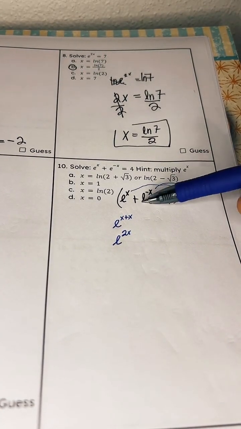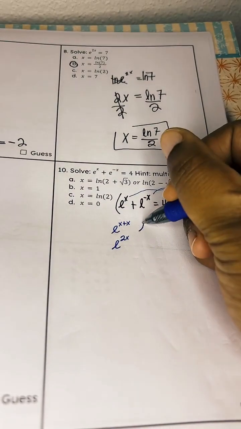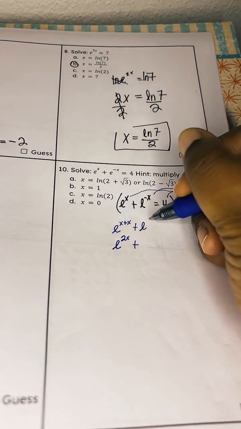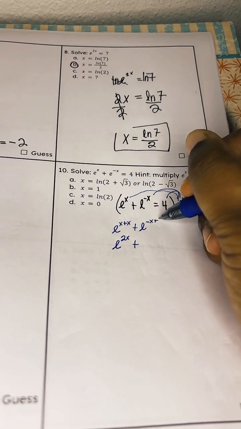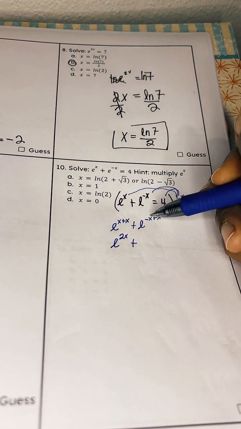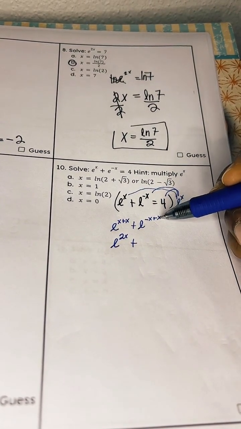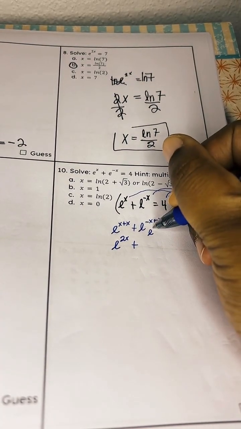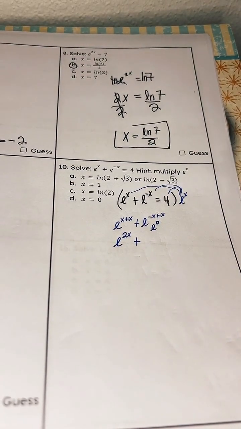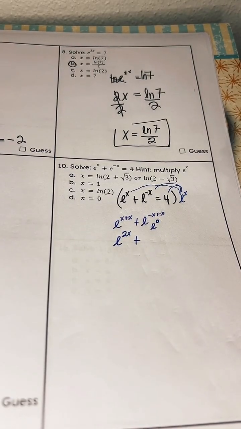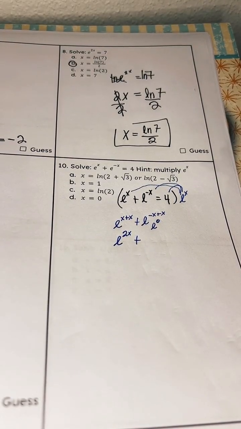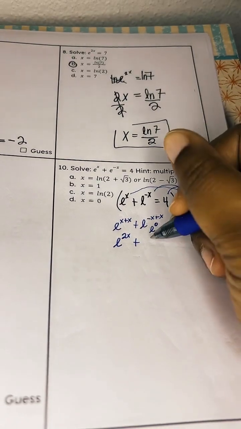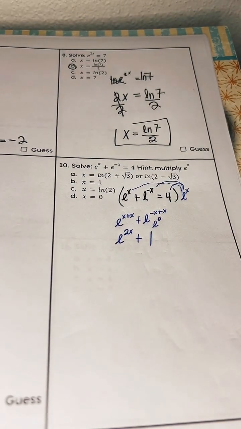Now, let's do the same thing here. We would get plus negative x plus x. Well, what's x minus x? It's e to the 0. And anything to the 0 power goes to a 1.